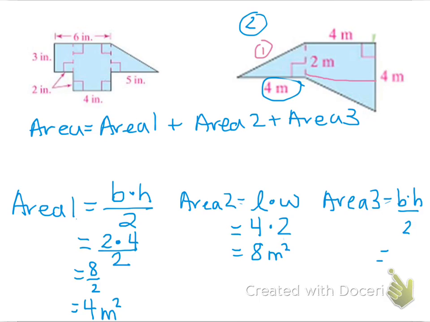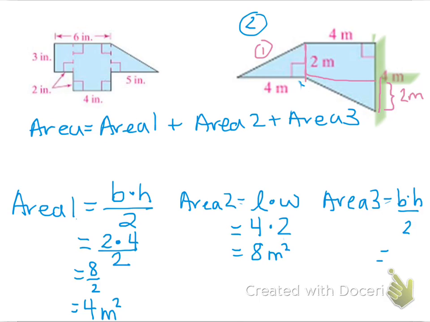We know that this side here is 4 meters long. But we only need the length of this part right here. To find the length of this part, I know that this is 2 meters. So however long this is must be 4 meters minus 2 meters. So this must be 2 meters.